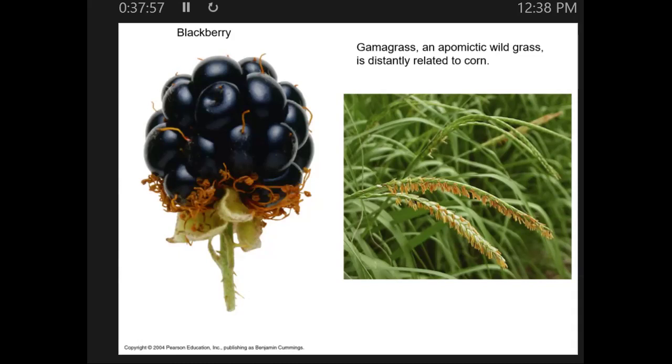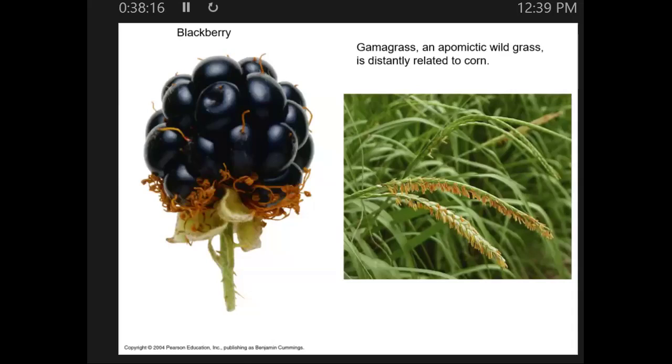Well, let's say everything goes okay and the plant, the flower, attracts the pollinator. You get fusion of the sperm with the egg, fusion of the second sperm with the polar nuclei, and that grows into the endosperm. You get seed production, you get fruit production.